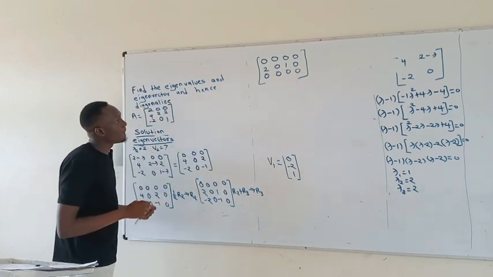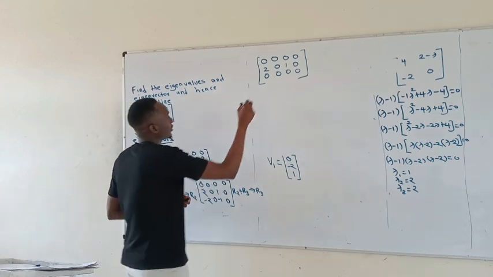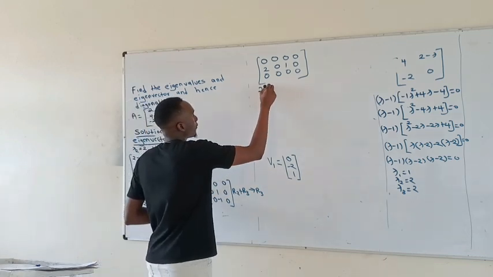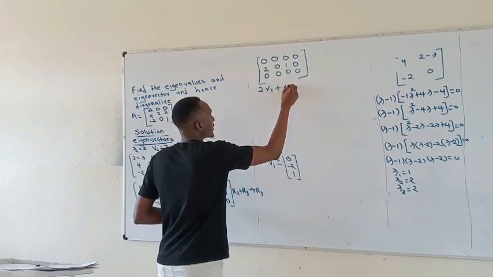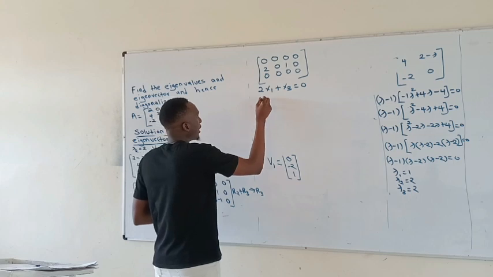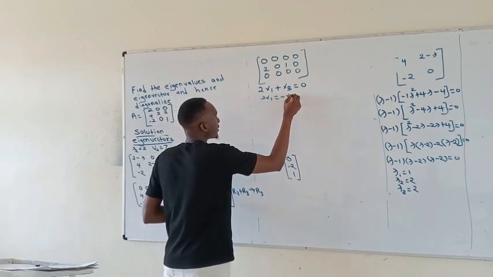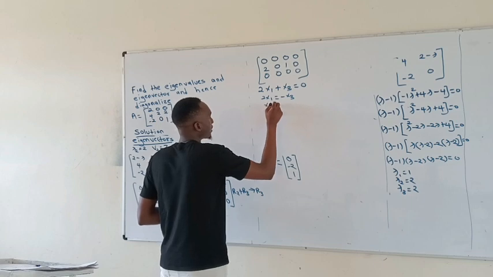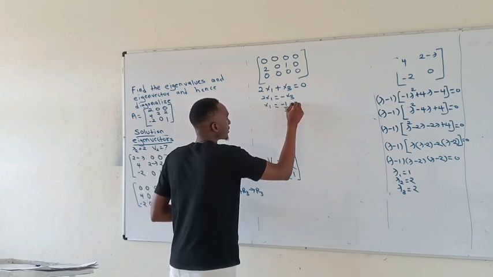Now from our row 2, we realize that 2x1 plus x3 is equal to 0. Meaning our 2x1 is equal to negative x3. Therefore, x1 is equal to negative half x3.